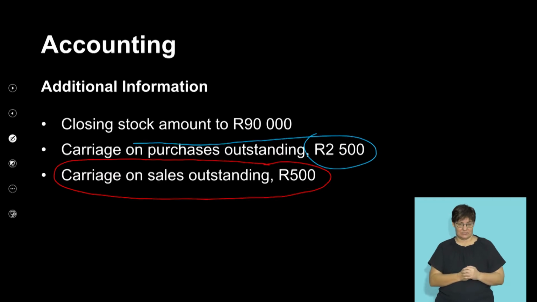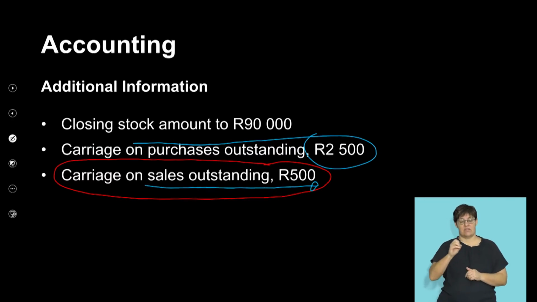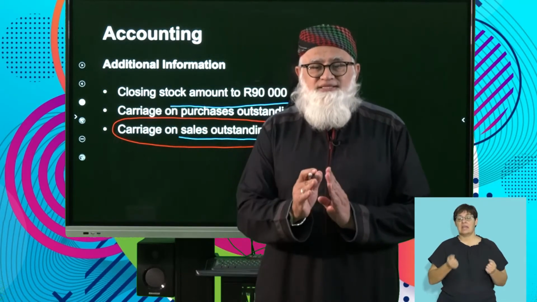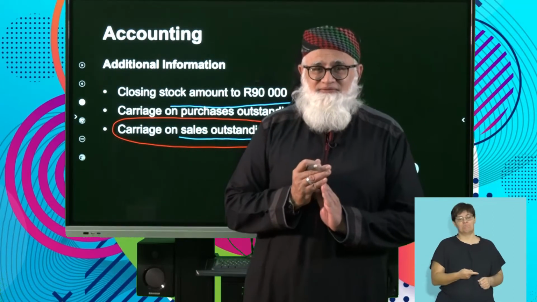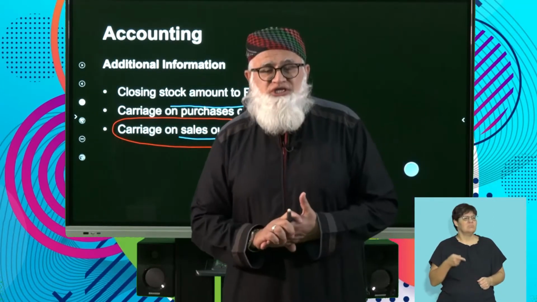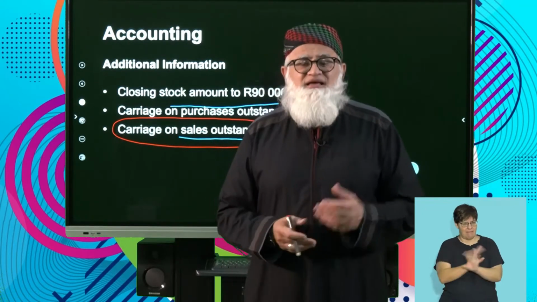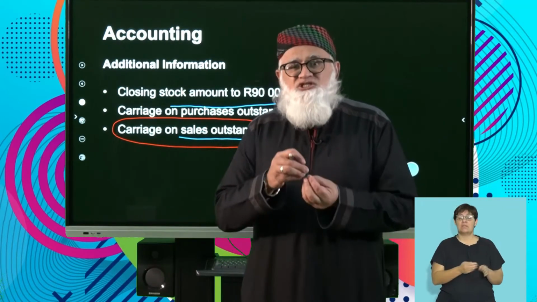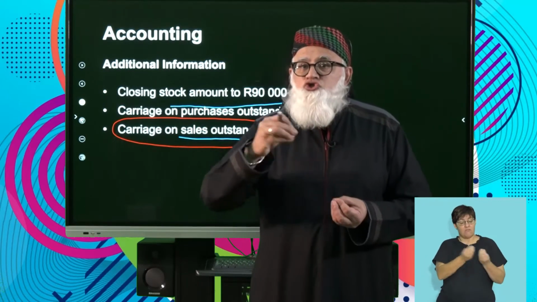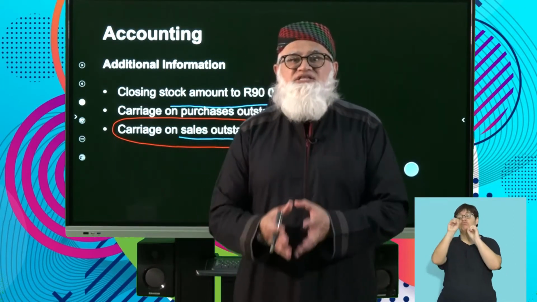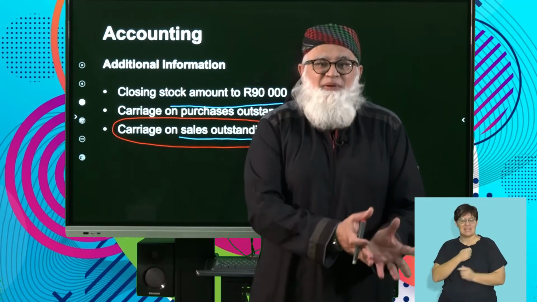Let me take you back to the adjustment that I highlighted for you in red. And I said, carriage on sales outstanding, 500 Rand. Now remember, carriage on sales is not a purchasing expense. What is carriage on sales? Let's clarify it. Carriage on sales is the expense that we incur to transport goods to our customers. It is a normal selling expense.